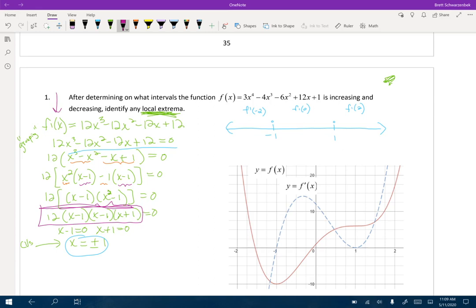But if you use this, look what happens. If you plug -2 into this x right here, you're going to get a negative number. If you plug in -2 into this right here, you get a negative number. If you plug -2 into this, you're going to get a negative number. And of course, 12 is a positive number. So what do you get when you multiply a positive times a negative times a negative?